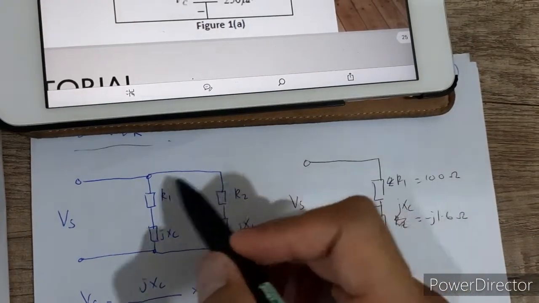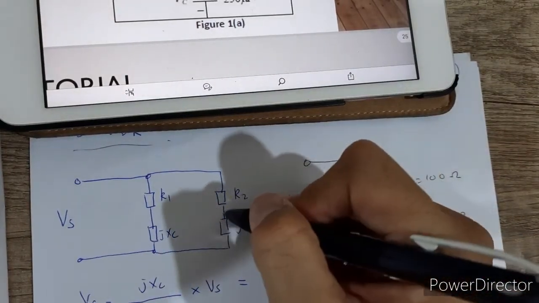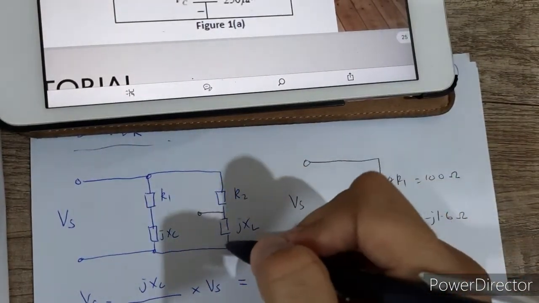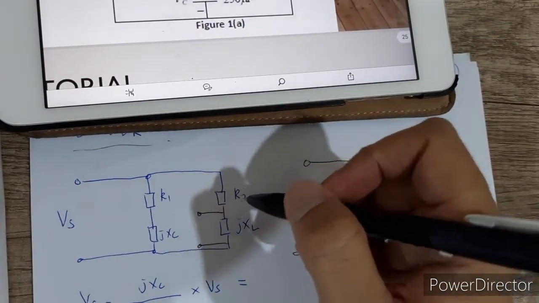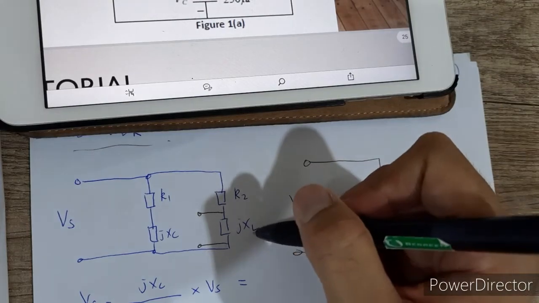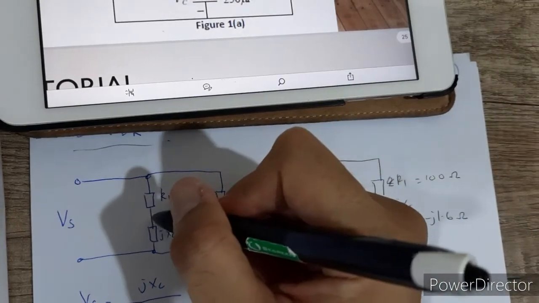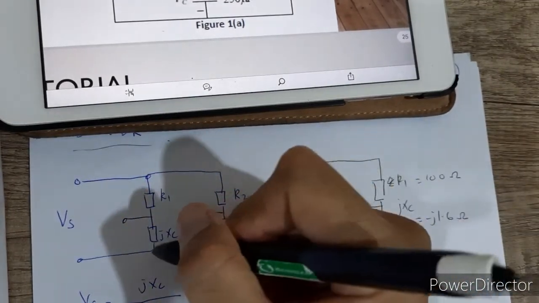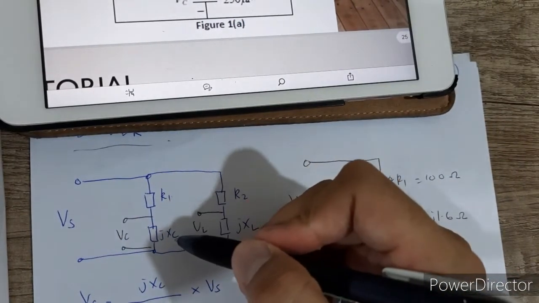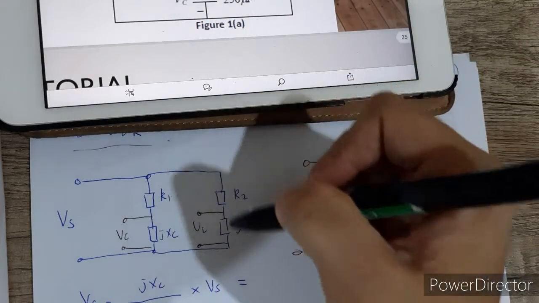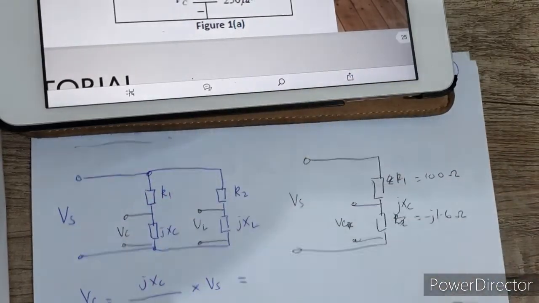That's why I draw this one. So you want to determine the voltage across the capacitor and across the inductor. For VL, between R2 and jXL. For VC, between R1 and jXC, because this is just a parallel circuit.